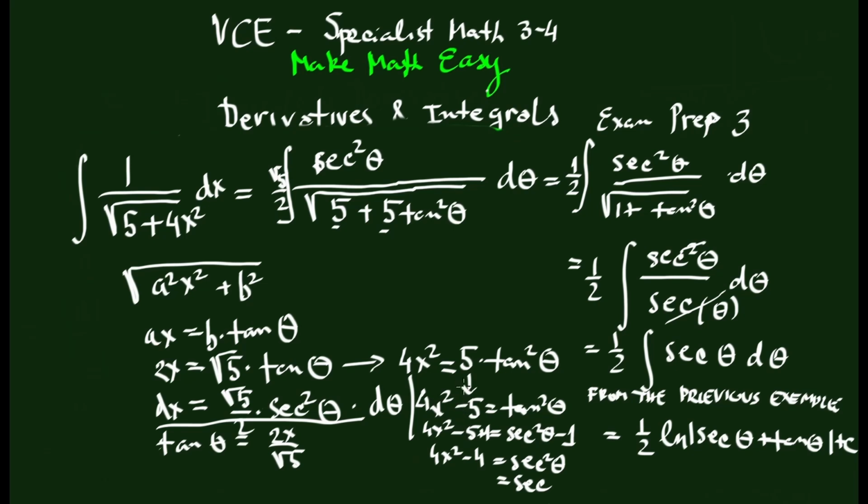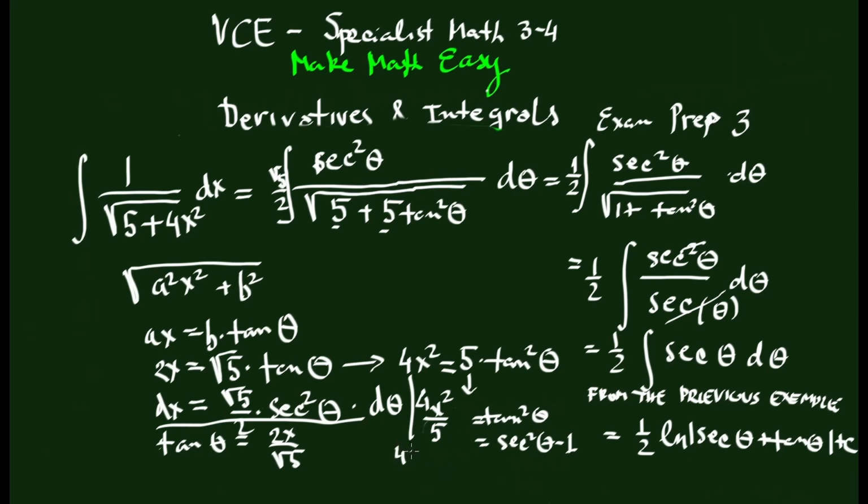It's here divided by 5, it's multiplied by 5. Sorry for that. So we'll fix that up. So what we got, 4x squared divided by 5 equals tangent squared of theta, and secant squared of theta equals 1 plus tangent squared of theta, so tangent squared of theta equals secant squared of theta minus 1.